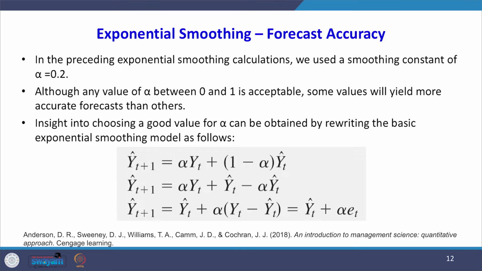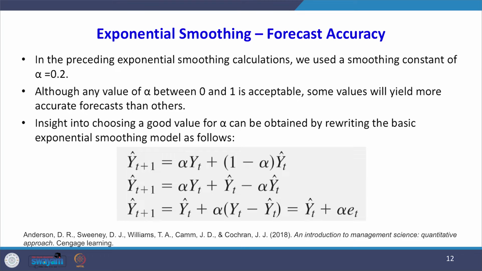In the preceding exponential smoothing calculations, we used a smoothing constant of alpha equal to 0.2. Although any value of alpha between 0 and 1 is acceptable, some values will yield more accurate forecasts than others.